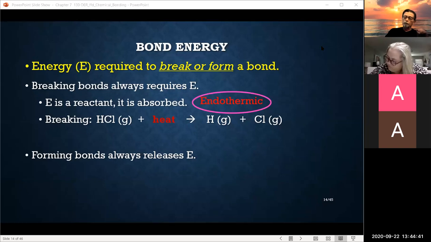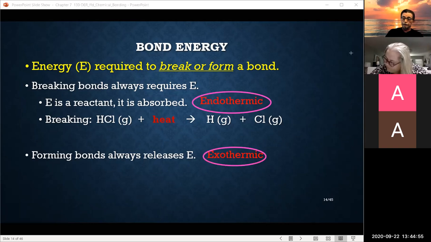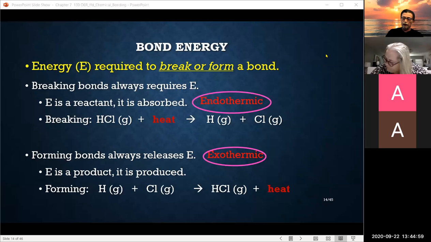When we form bonds, it always releases energy. We call that exothermic, because energy is given off. A classic example would be going back to the pharmacy and buying a hot pack.